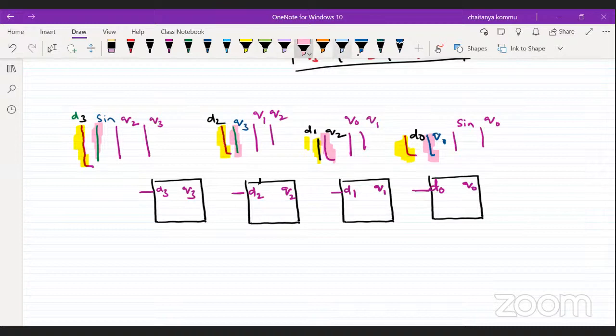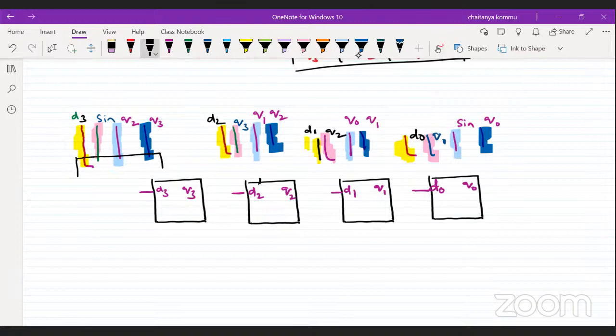In the third case, this has to go. Shift left operation. Similarly, in the last case, this has to go. Right. So we have to choose a particular logical circuit here. It should allow only one input at a time.